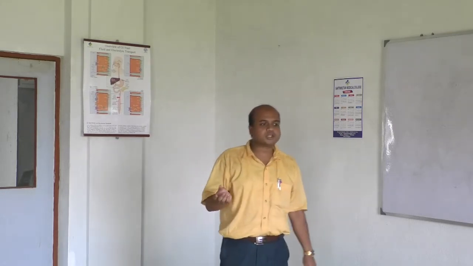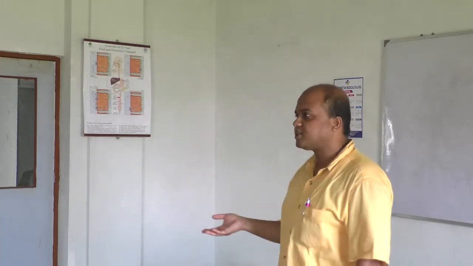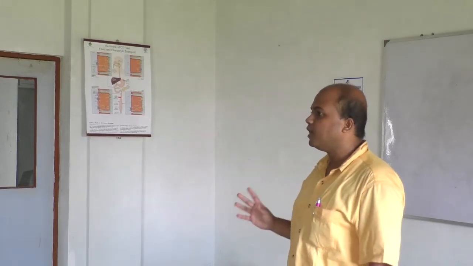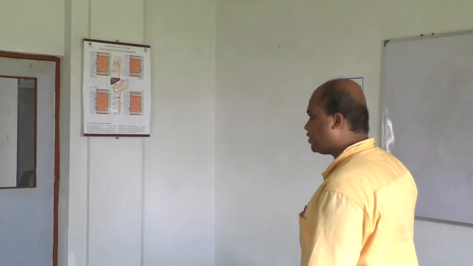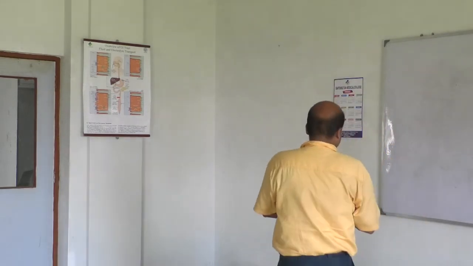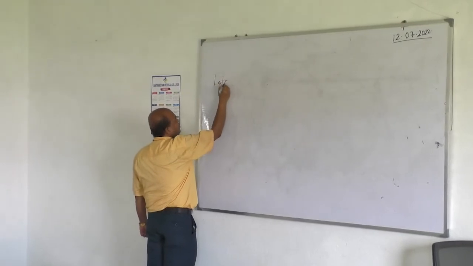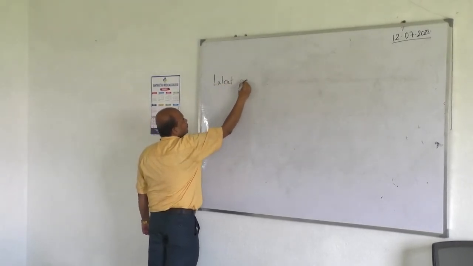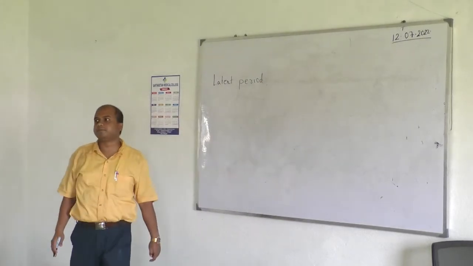So what do you expect if acetylcholine is the neurotransmitter? Even if it is a fraction of a second, there will be some delay between the stimulus applied on the nerve and the contraction of the muscle. That delay is called the latent period.